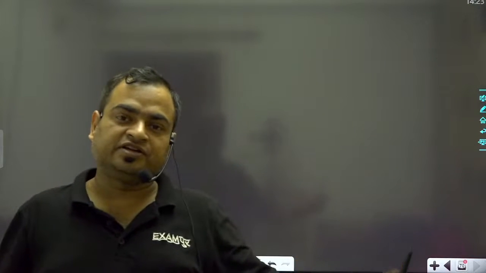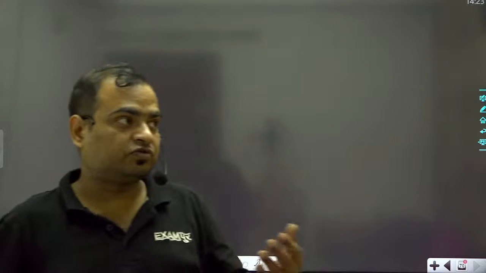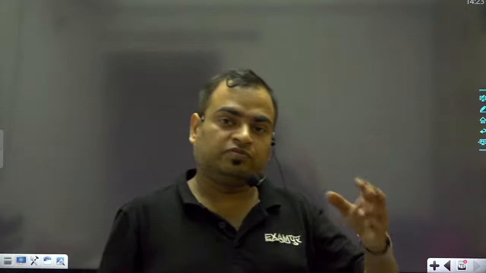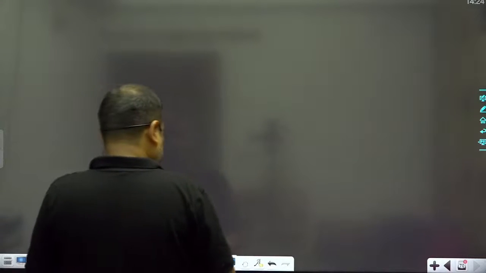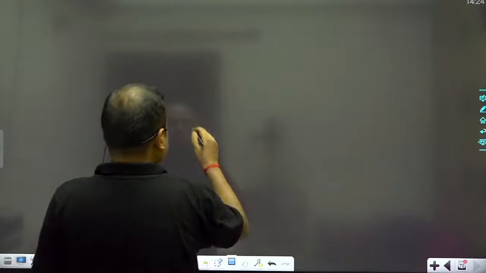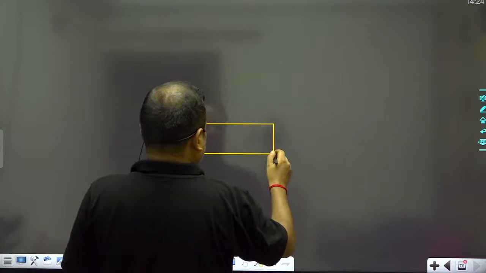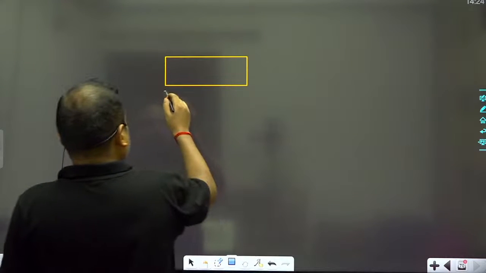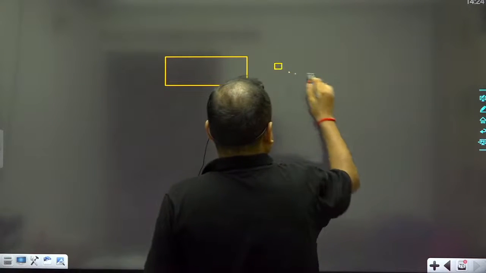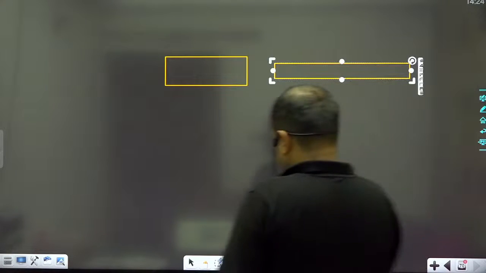If the length has been increased, then obviously the cross sectional area will decrease. Since we all know that the volume of the metallic wire will be equal to the volume of a cylinder. Suppose that this is a metallic wire, and now the metallic wire has been stretched like this.